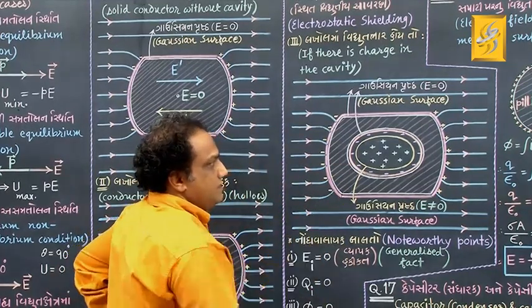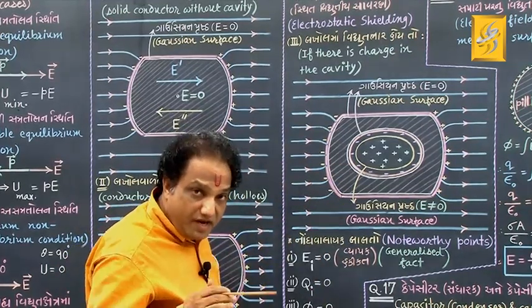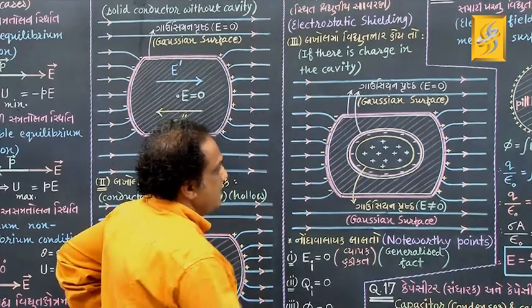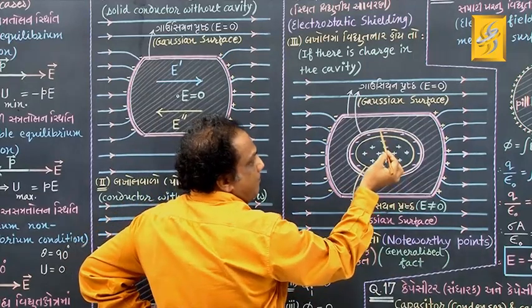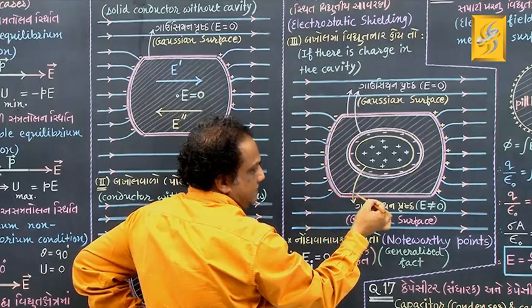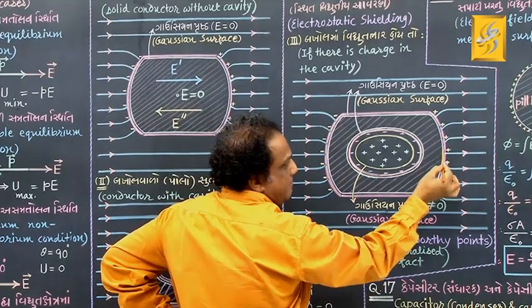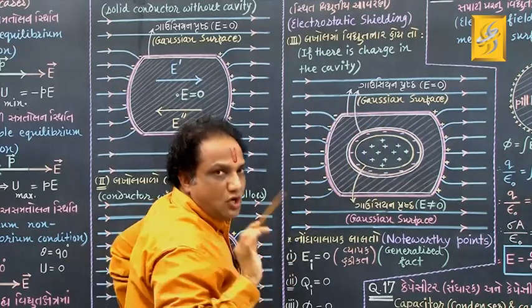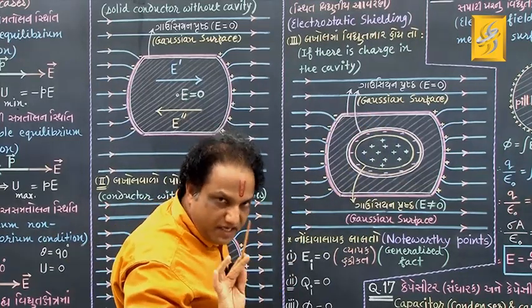Now, in this case, let us see where there is electric field and where there is no electric field. Consider this Gaussian surface, look here, just inside the metallic conductor and very close to the surface, but inside the metallic conductor.